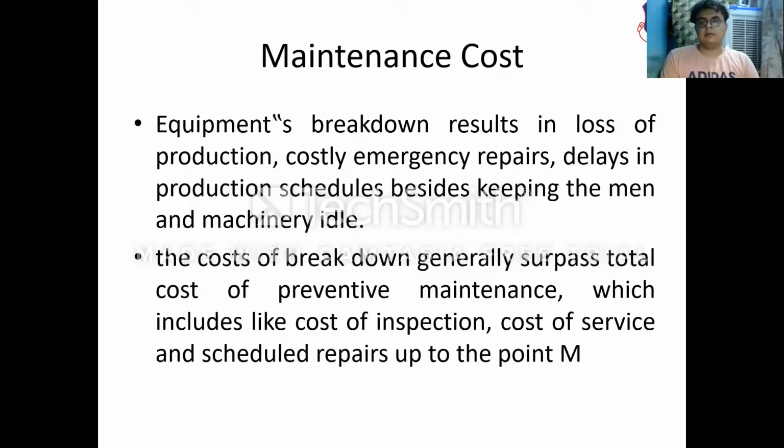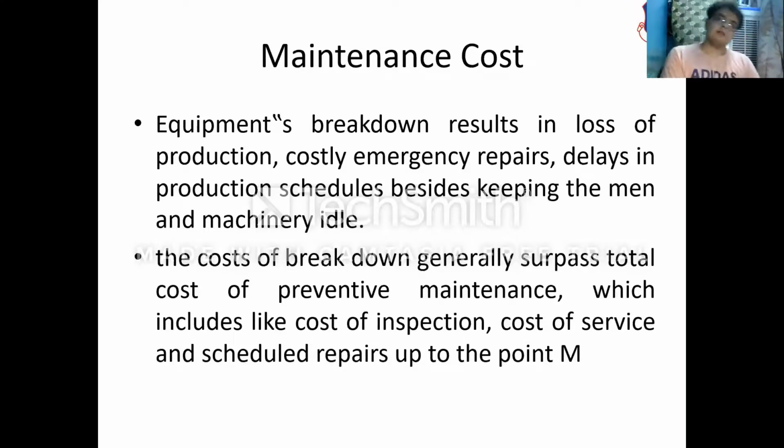That breakdown will cause a loss of production. Means loss of production will take place. The loss of production will take place in the way that the working or manufacturing or the process of the equipment will have stopped. Because of the breakdown, the production or the manufacturing or the working of that equipment will have stopped.